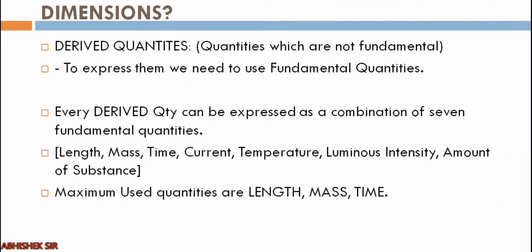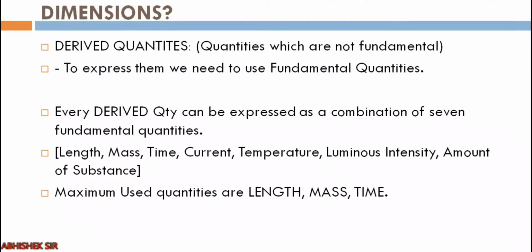So here we have to apply the knowledge of which were the seven fundamental quantities, right? So in the bracket you can see length, mass, time, current, temperature, luminous intensity, and amount of substance. These were the seven fundamental quantities, and every derived quantity can be expressed as a combination of these seven.